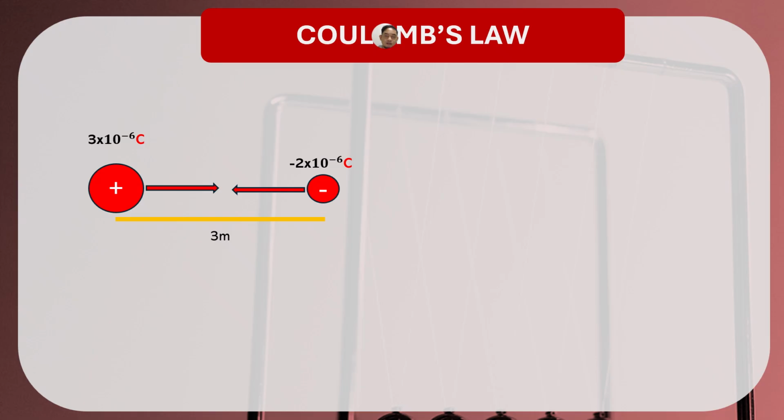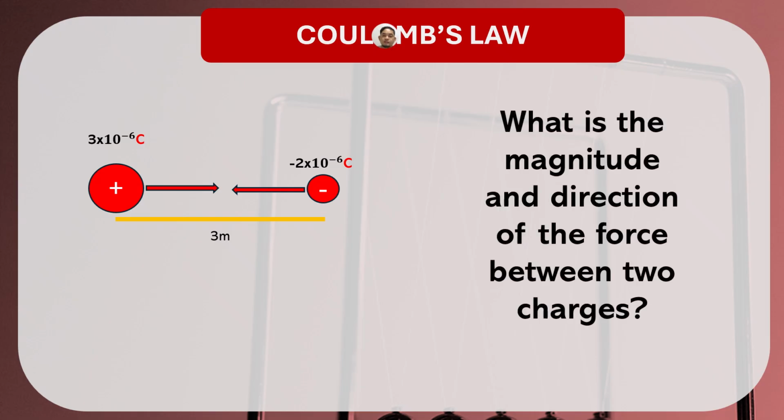So let's begin. We have this illustration here, and the question is: what is the magnitude, or the value, and direction of the force between two charges? We have two charges here. We have the positive one, and the value of the charge is 3 times 10 raised to 6 coulombs.